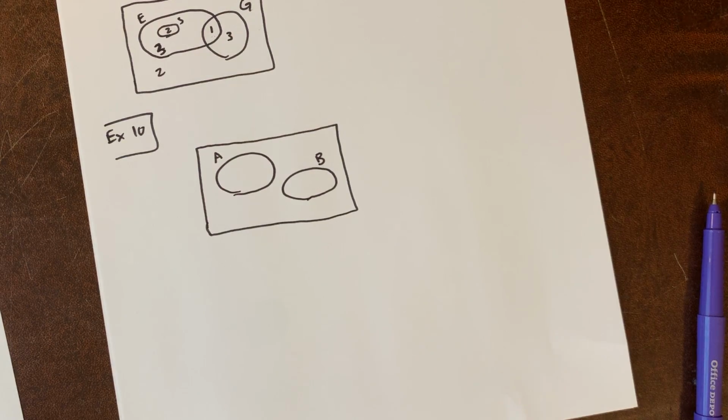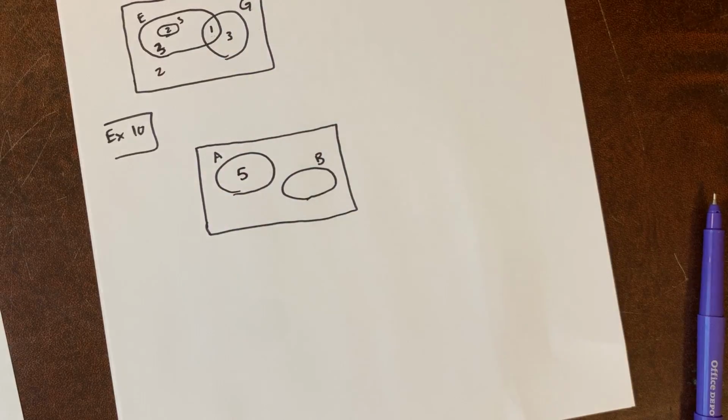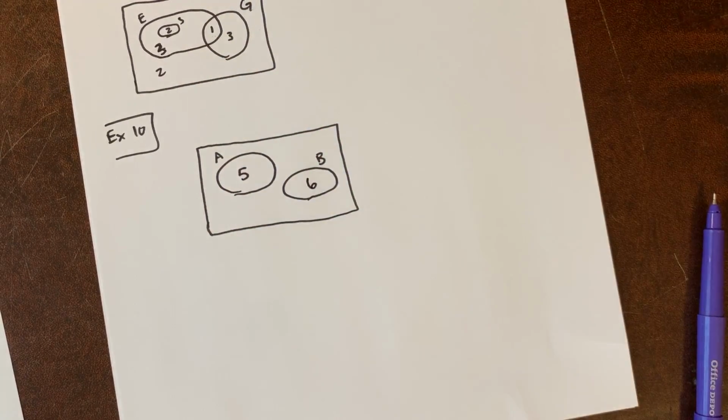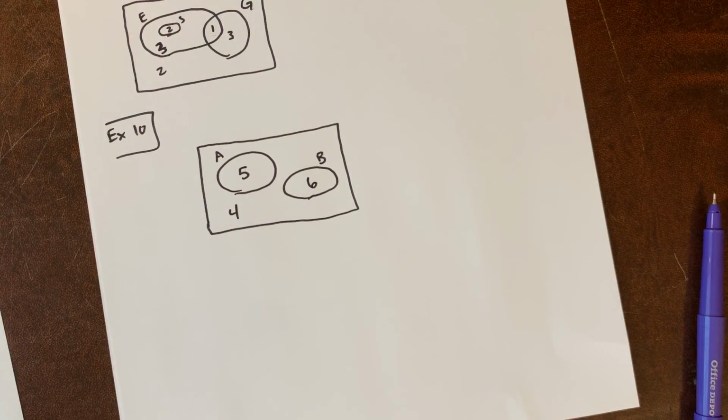There is no overlap, and there's 15 total students. I'm not going to write their names out, but there are 5 students in set A, and there are 6 students in set B. That means there's 4 students outside of there that don't have 2 or 3 vowels. They must have either maybe 1 vowel or 4, 5, 6, 7 vowels.